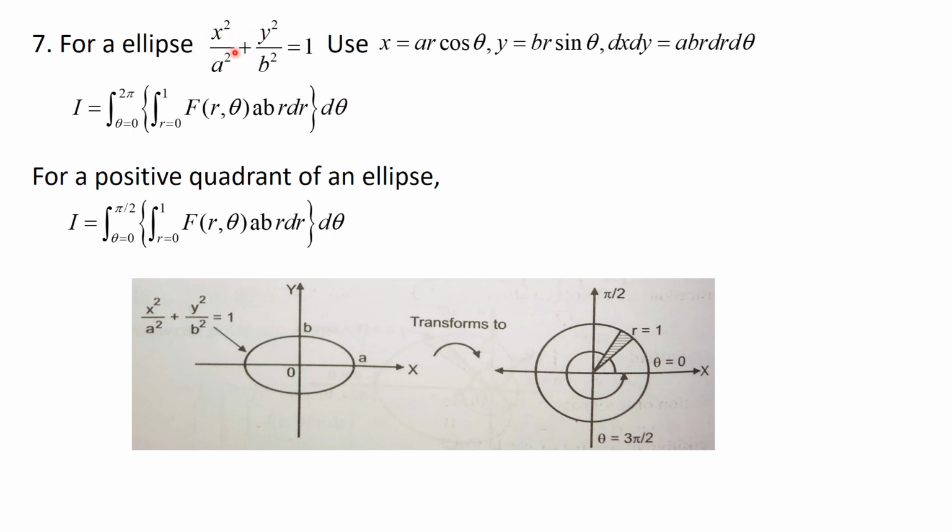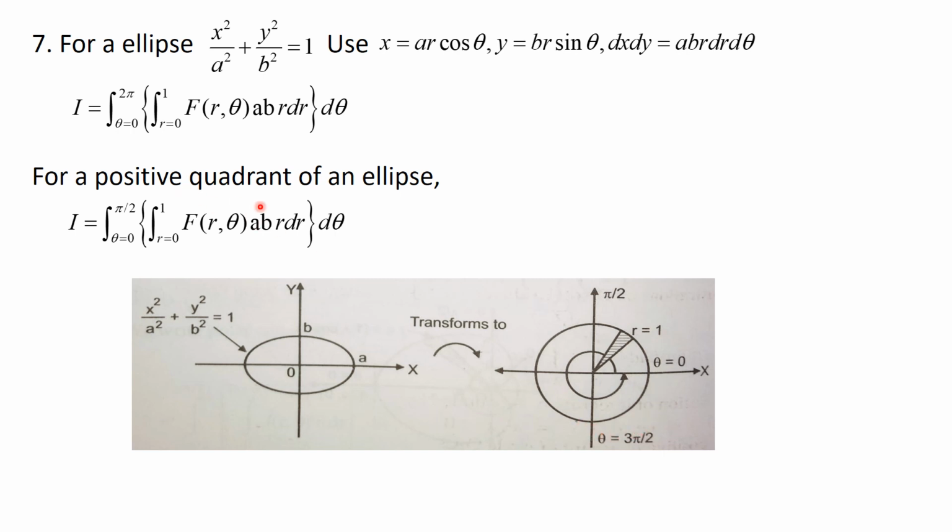The substitution for the ellipse is x equal to ar cos theta, y equal to br sin theta, and dx dy is treated as abr dr d theta, where r varies from 0 to 1 since it is converted to the unit circle, and theta varies from 0 to 2 pi.